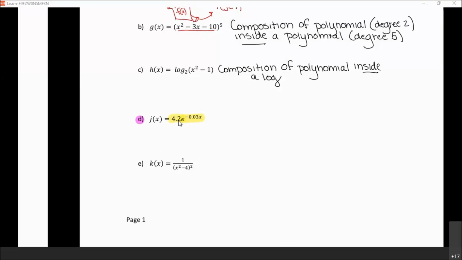And in this case, it's multiplying this exponential. You're absolutely right. But my question to you is, is there an x associated with 4.2? And the answer is no. So you can treat 4.2 as a coefficient on the exponential. It's not a separate function, right?